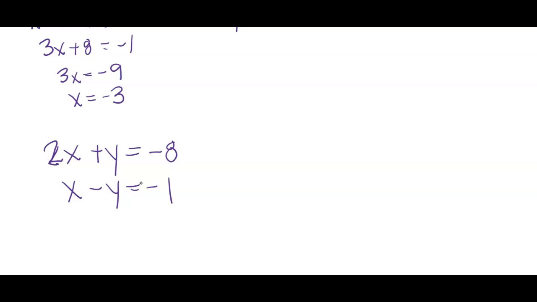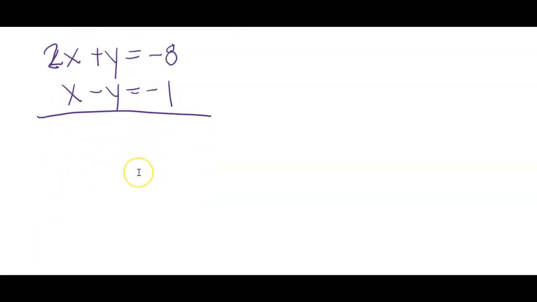All right, and this is actually the method of choice I would personally use when I see this, because I have one of my variables, in this case y, where one is positive and one is negative. And so if I literally just combine these two equations, then I get 3x, these cancel, equals negative 9.